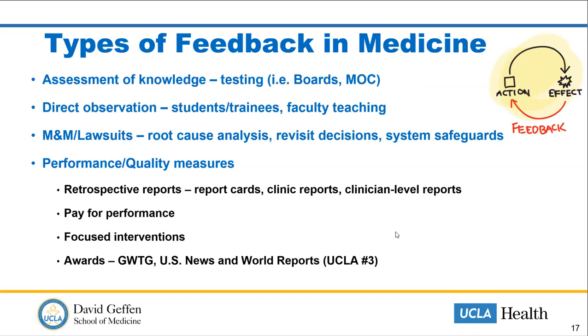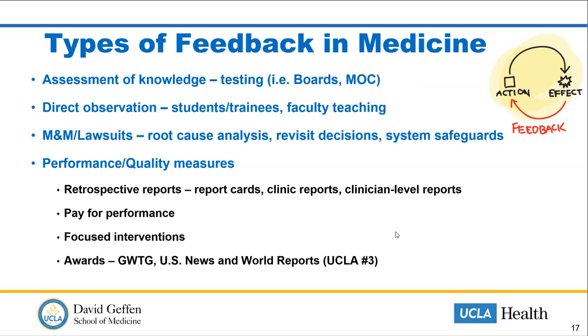Sometimes you can get focused interventions. If you're seeing some area where quality seems to be poor, you can focus resources or have committees to figure out what's going on or what the reasons are. Is this a really accurate statement of quality? And then these performance measures are used for awards: Get With The Guidelines, U.S. News and World Report. With UCLA, I feel like their care hasn't changed drastically, but the methods U.S. News and World Report has been using in terms of risk adjustment on quality measures have, and they feel like their science is improving in how they construct performance measures.